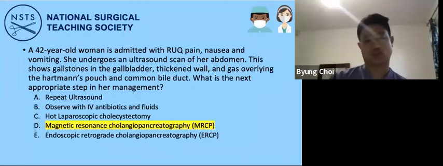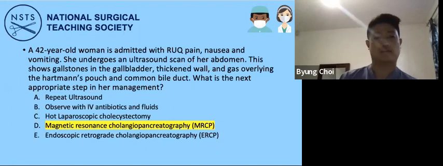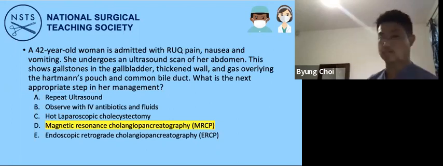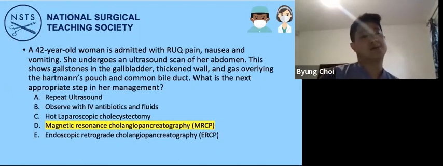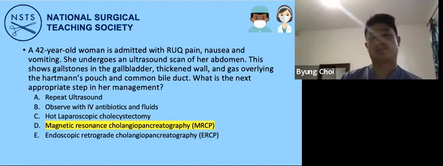If you've got an obstructive stone there causing dilatation of the common bile duct, leading to bile stasis and biliary sepsis, which gives you ascending cholangitis, you would not proceed with a laparoscopic cholecystectomy without resolving that obstructive stone within the common bile duct.